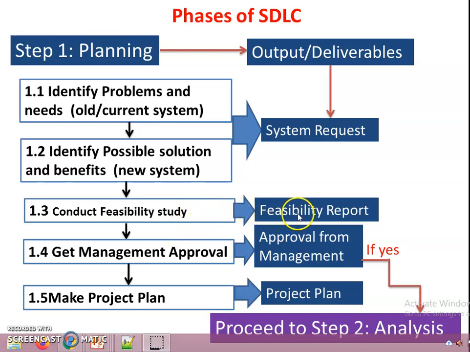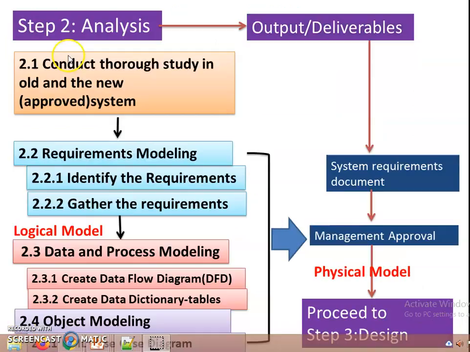Then in that feasibility report, he has to present these alternative solutions to the management that will serve as a guide for the management to decide which among the alternatives is best for the company and considered to be technically, economically, operationally, and schedule feasible. So when there is now a go signal from the management to proceed with the project, then a project plan has to be created. Then we can now proceed to step 2, which is the analysis step.